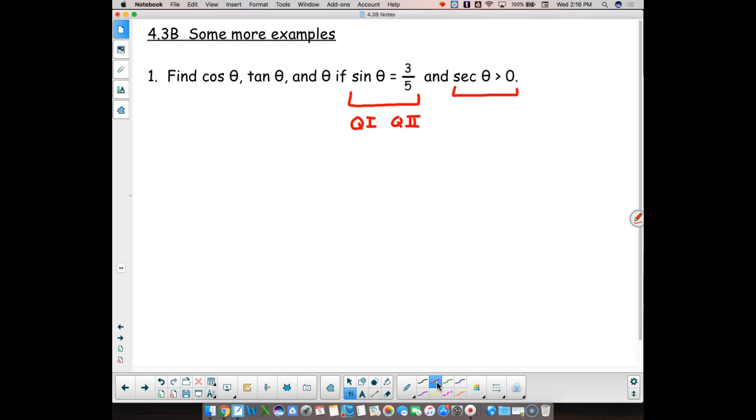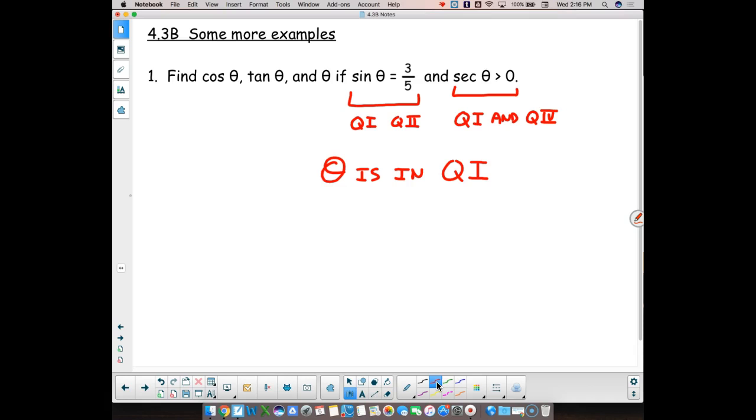And so cosine is positive in quadrant number 1 and quadrant number 4. So that tells me that theta is in quadrant 1 because it showed up in both conditions.